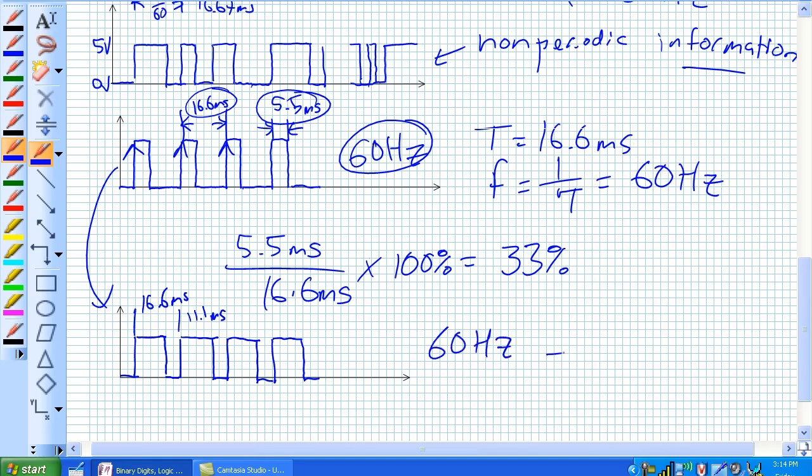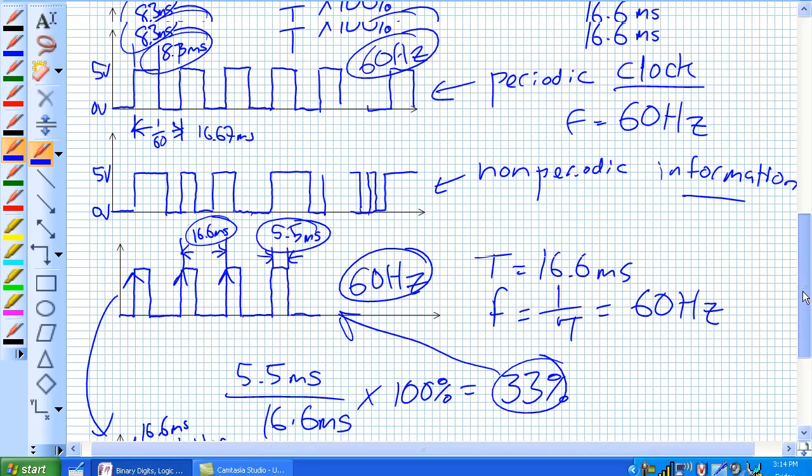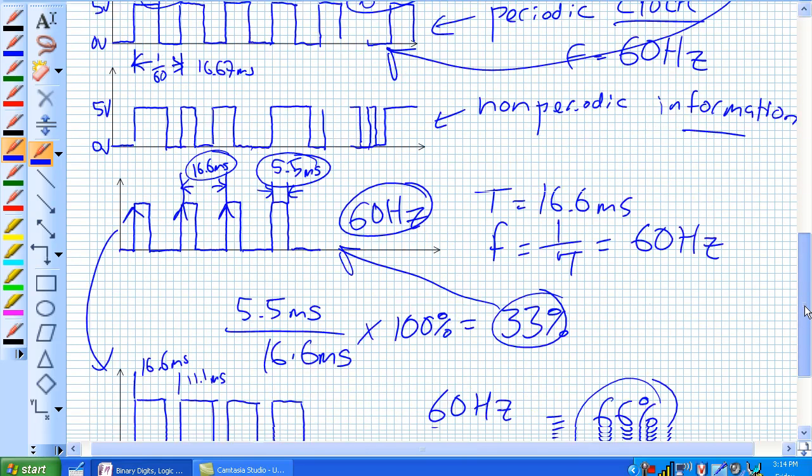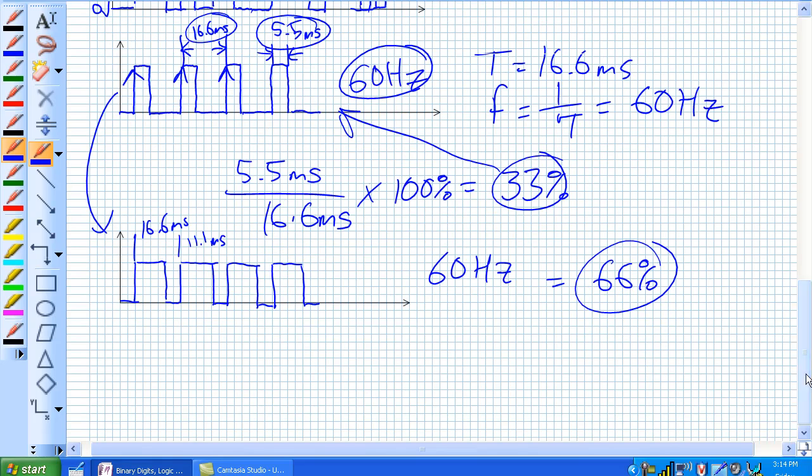But what's the duty cycle now? It's 66%, meaning it's on 2/3 of the time, as opposed to this one being on 1/3 of the time, as opposed to this one being on 50% of the time. Okay? So period, frequency, duty cycle. You should be very comfortable at calculating these.